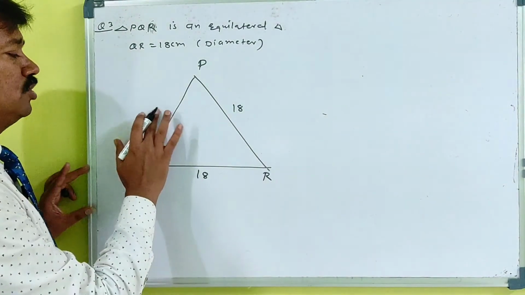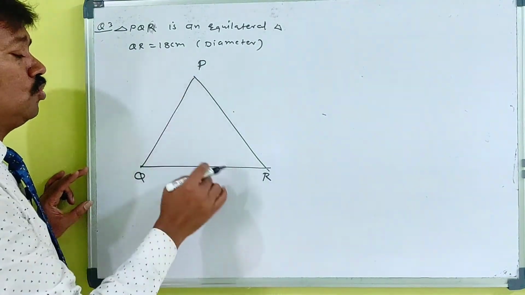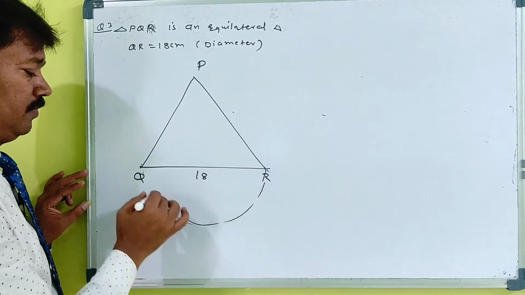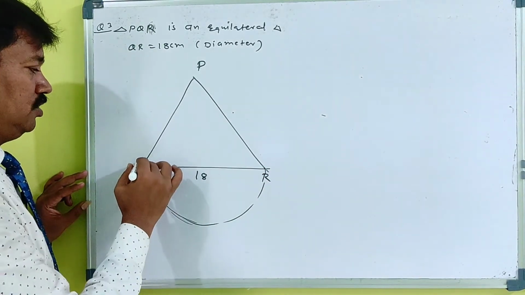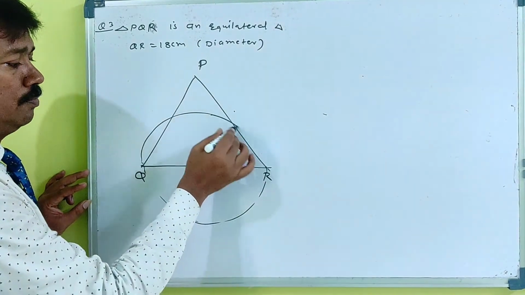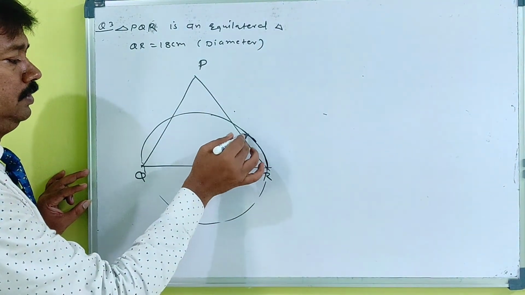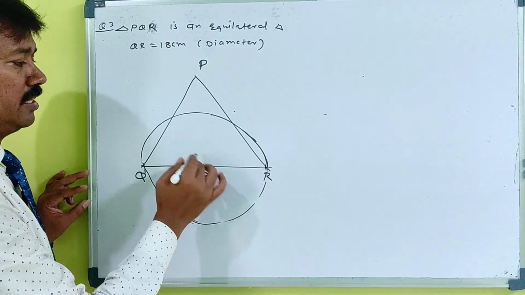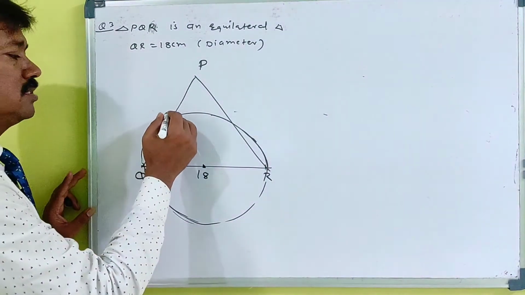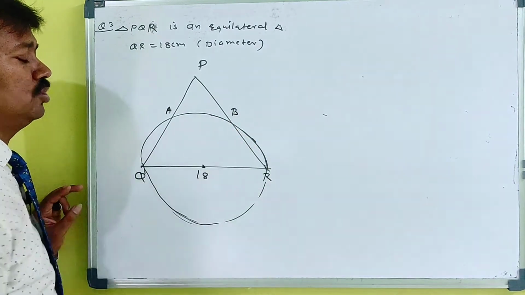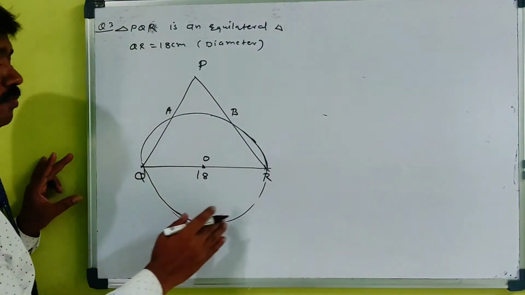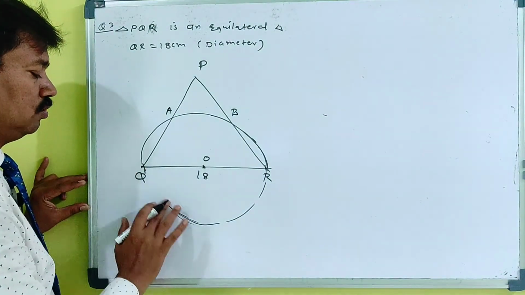Now what construction they have done here? Considering QR as a diameter, एक सर्कल बन रहा है इधर. QR को हमने डायमीटर कंसीडर करके एक सर्कल बना, and let this cut in the triangle at the positions say A and B, where O is the midpoint here.